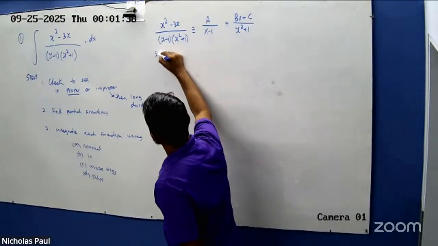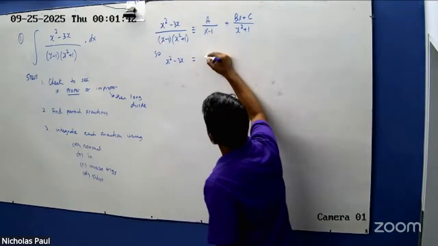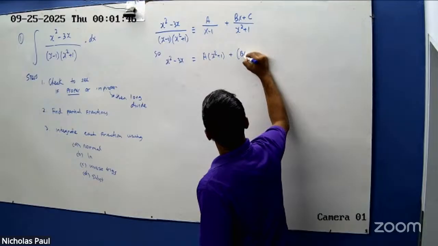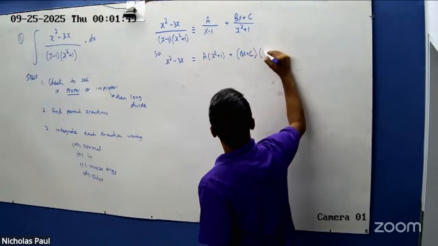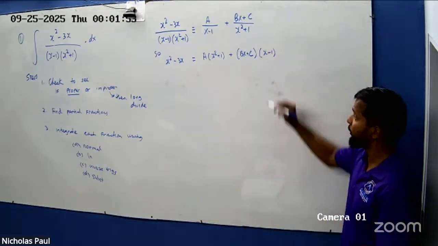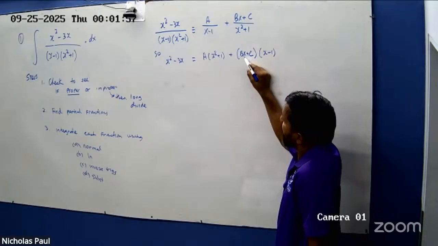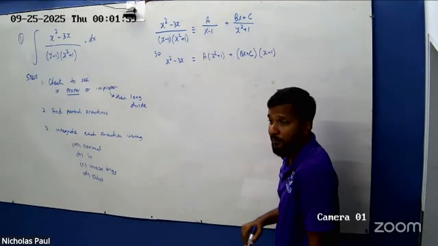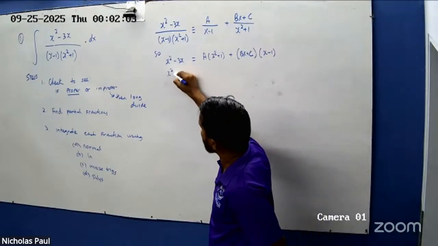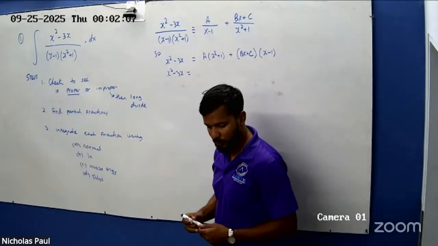So we'll end up with x squared minus 3x. When you multiply here, you'll get a squared plus 1. When you multiply here, you'll get x minus 1. It's up to you. You can substitute x is 1 and find A, x is 0 and then find C, and so on. Or if you want, you can expand it and compare it.